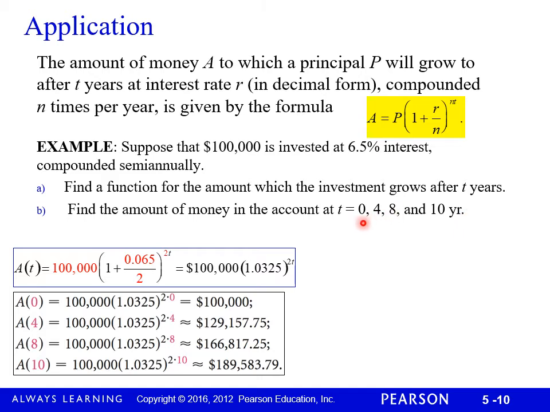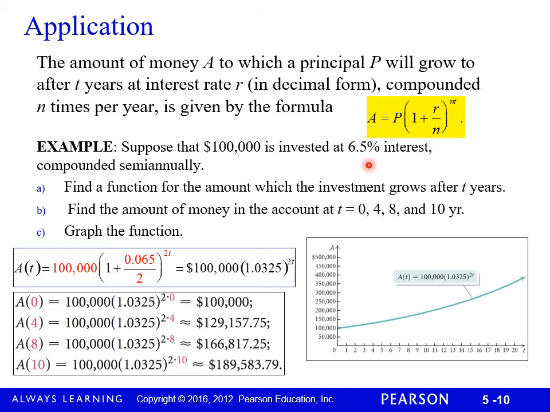When t equals 0, that's just when we're putting money into the account, so it makes sense that it's just the money that we initially invested. And then you can see here how quickly that will grow at an interest rate of 6.5%, which is a very nice interest rate. So within 10 years, you've almost doubled your money.